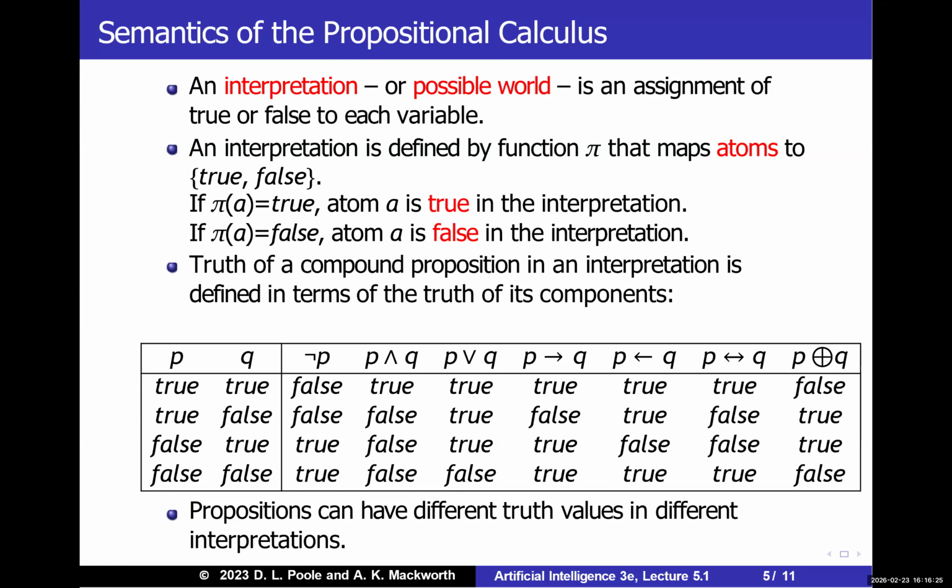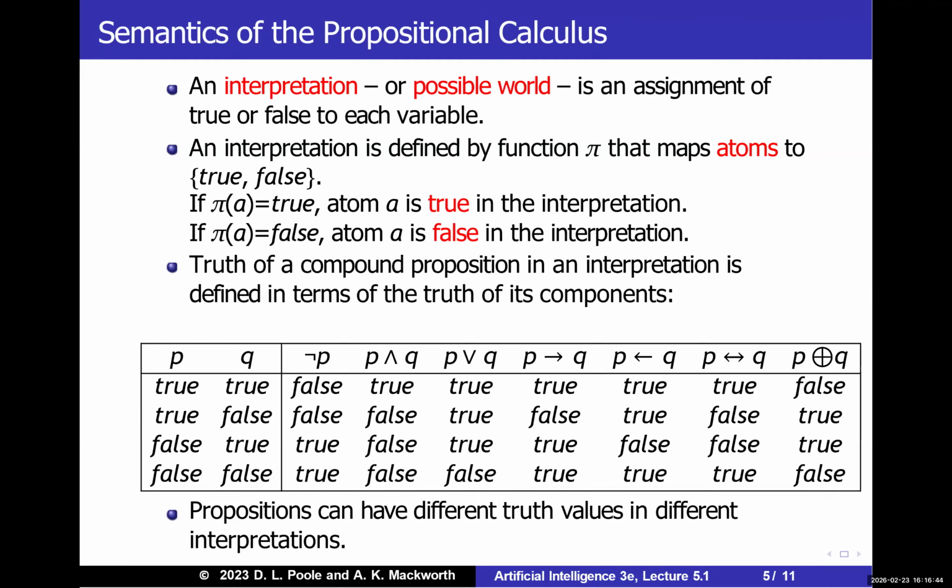And this slide shows the semantics of the propositional calculus. Semantics refers to meaning, specifically how we determine whether a logical statement is true or false. An interpretation assigns true or false values to each atomic proposition.